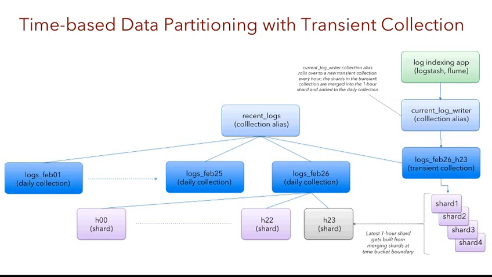But the nice thing is since the transient collection has any number of shards you want it to have to support your write throughput, those queries that need to hit the near real-time data coming through recent logs will still be very performant, because the theory here is that each shard is not being overtaxed by the indexing throughput, since we've distributed that load across any number of shards.